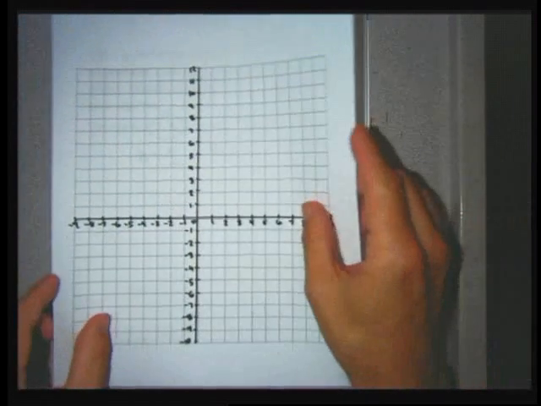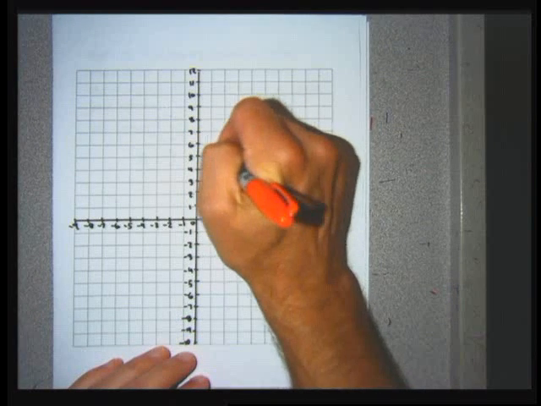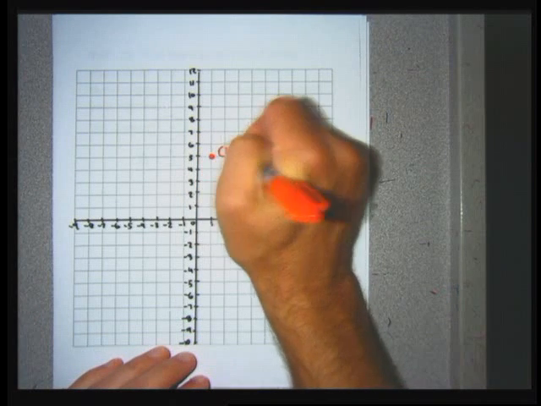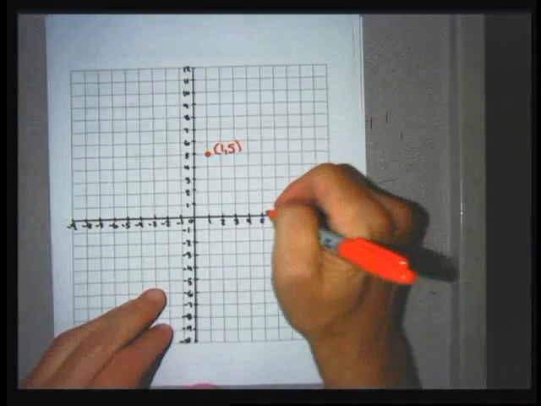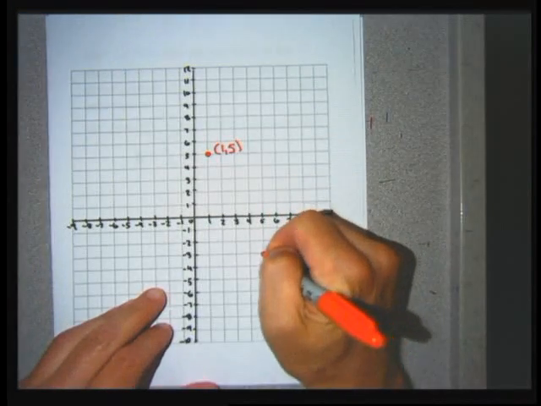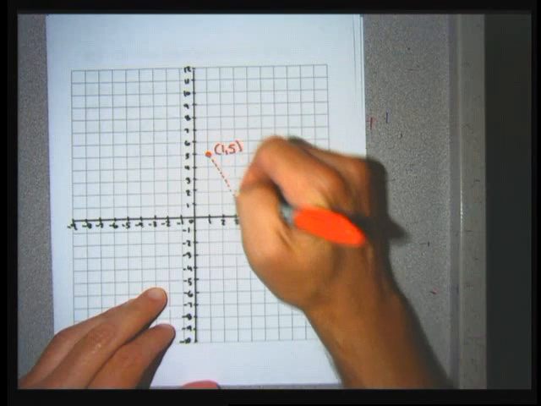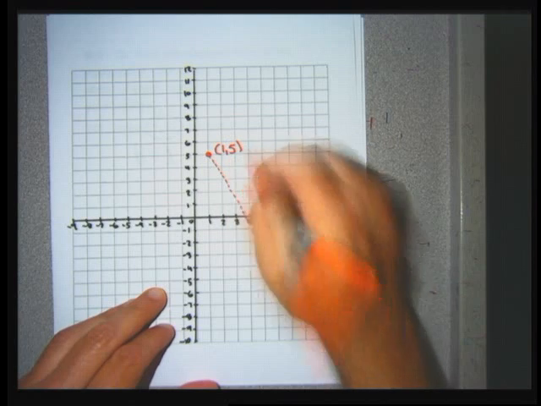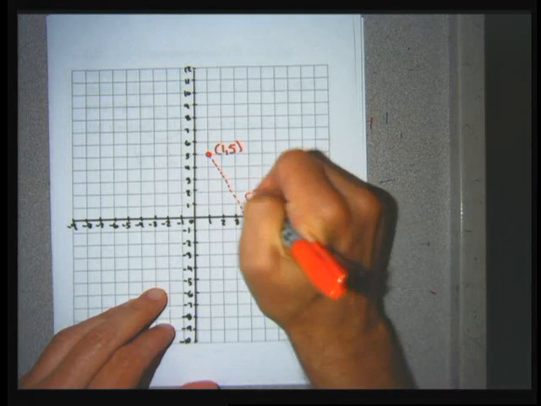The information in this problem says the circle has a center at the point 1, 5. And in addition to that, it passes through the point 5, negative 3. So this line right here is going to be a radius.